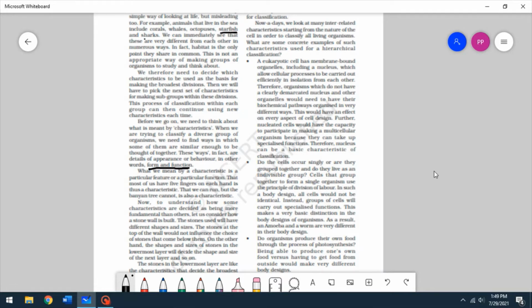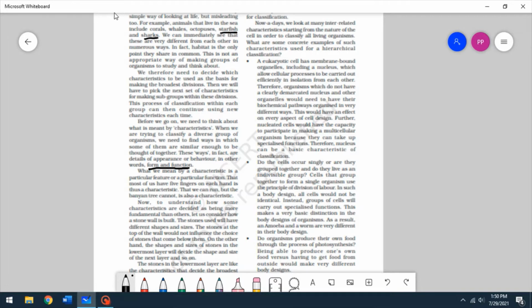Take the same example of a starfish and a shark. The form of a starfish is very small, while sharks are huge. If you take function, a starfish is not violent. It doesn't prey on smaller fish, but sharks prey on smaller fish. They eat, sometimes even humans and other animals found in the water.